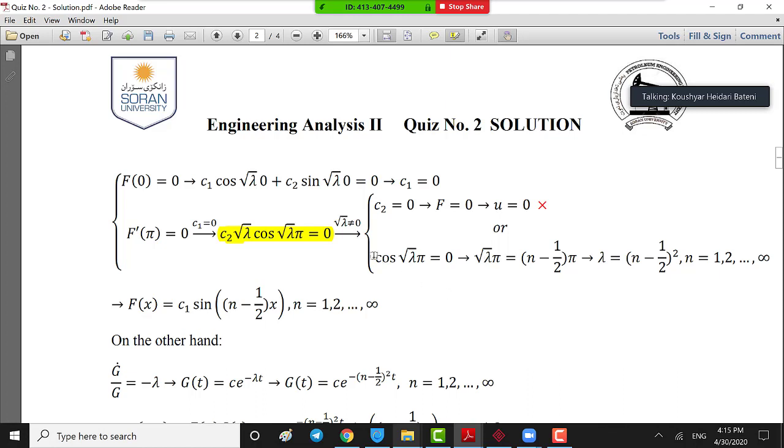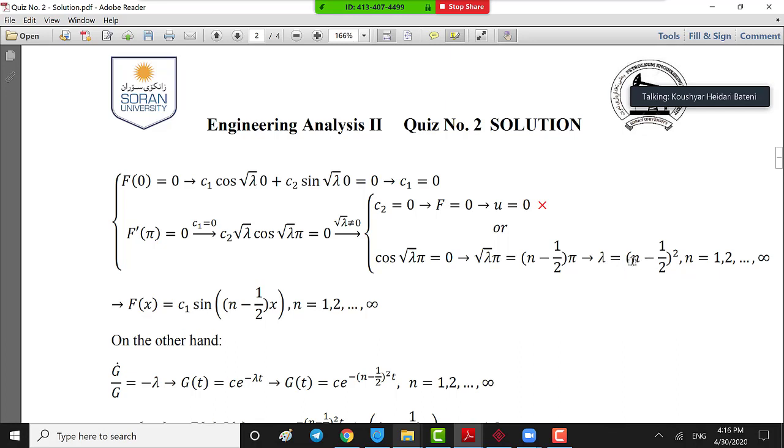Now, cosine of the square root of lambda pi is equal to 0, and that means the square root of lambda pi is equal to n minus 1 over 2 pi, which is going to give you the conclusion that lambda is equal to n minus 1 over 2 to the 2. And that is true for every positive integer value of n from 1 to infinity.